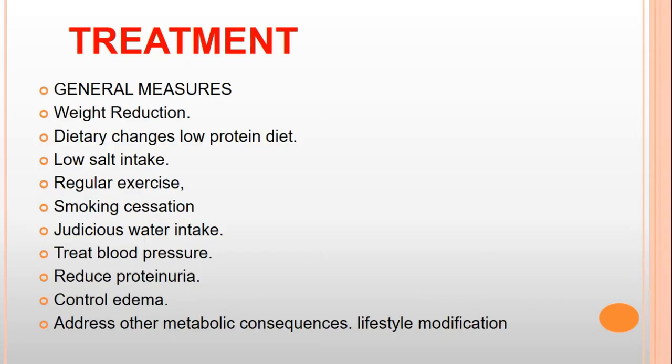So what is the general treatment? We discussed the general treatment of glomerular diseases. General measures: weight reduction, dietary changes, low protein diet, low salt intake, regular exercise, smoking cessation, judicious water intake, treat blood pressure, reduce proteinuria, control edema and other metabolic consequences, lifestyle modifications.